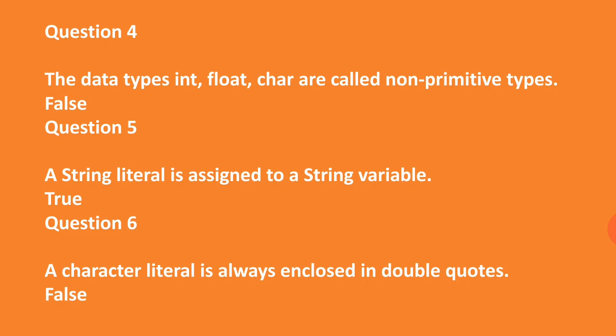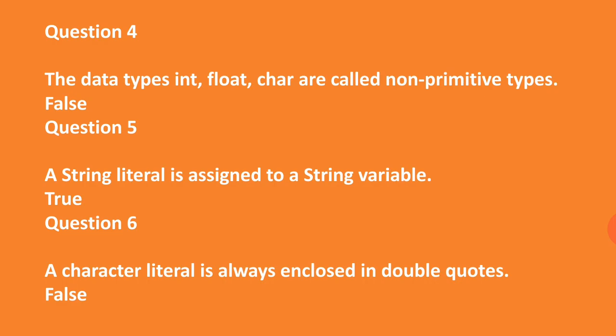And Java follows one convention, that all the predefined classes in Java begin with a capital letter, right? For all the primitive types there is a wrapper class available, right?